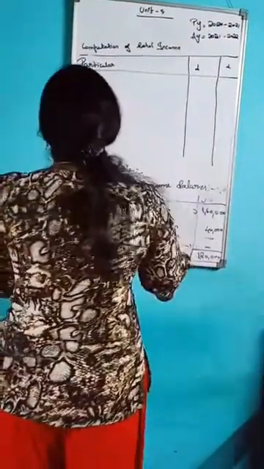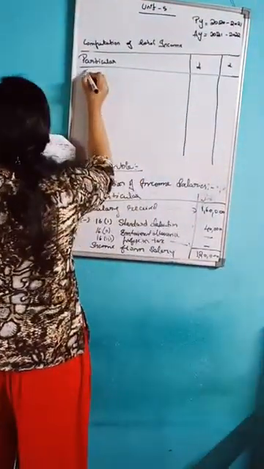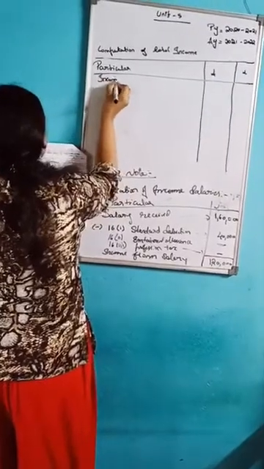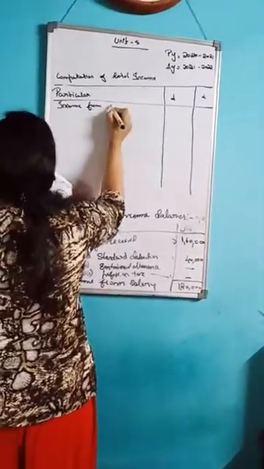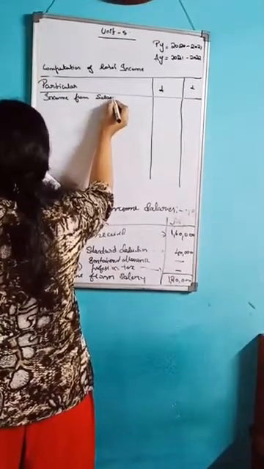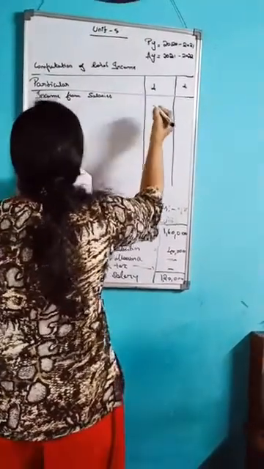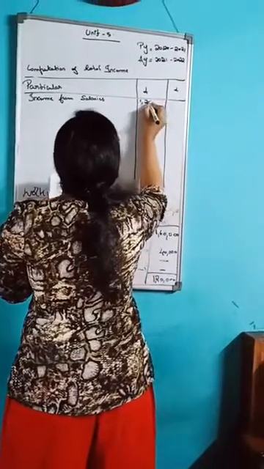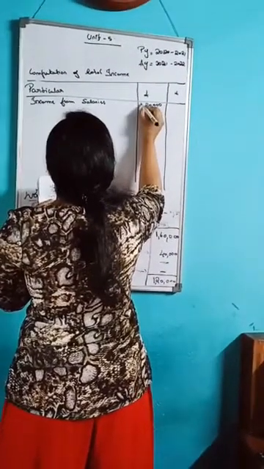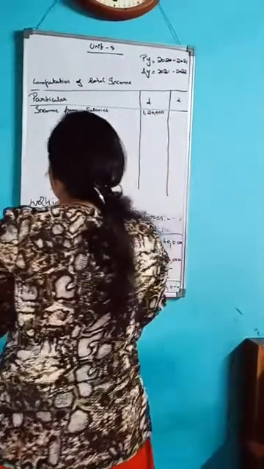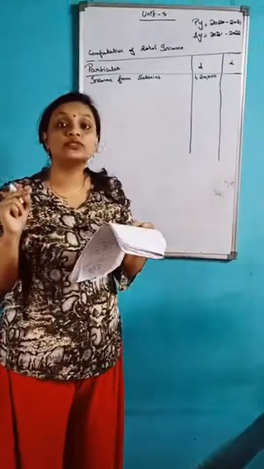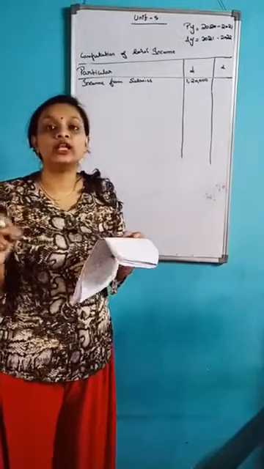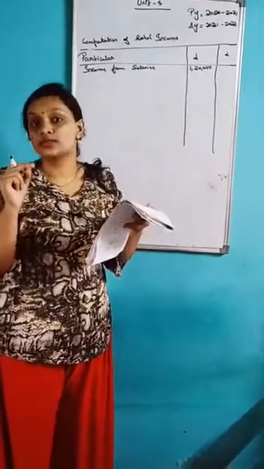So here we will write income from salaries, that is 1,20,000. Next is income from house property. In the question they have mentioned rent received and municipal tax paid, so you should calculate income from house property.